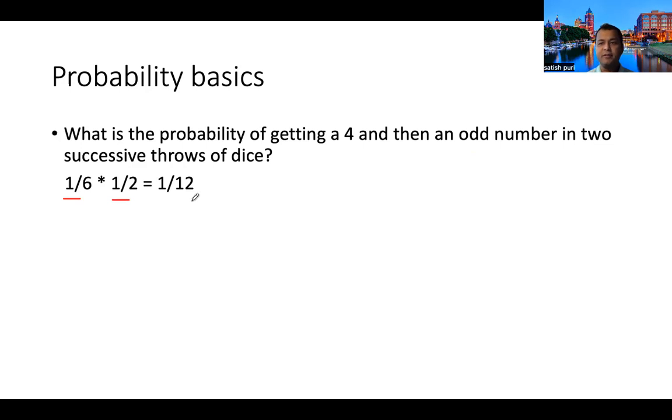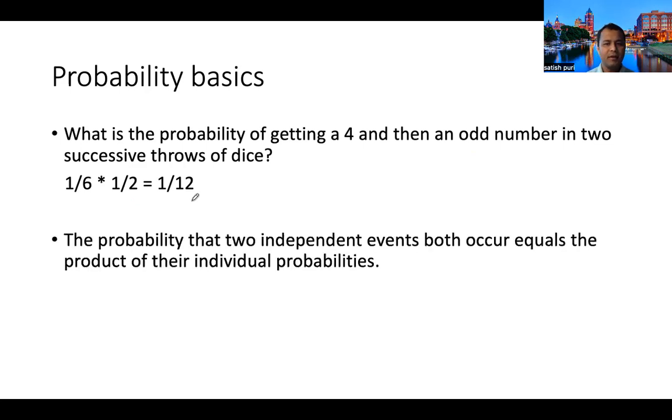And since there are multiple events, as you keep on inserting elements, one happening after the other, you have to multiply individual probabilities to get the composition of those numbers. That's why multiplying probabilities is important. So the rule is: the probability that 2 independent events both occur equals the product of their individual probabilities. Multiple events are there and they are independent, so you can multiply them.